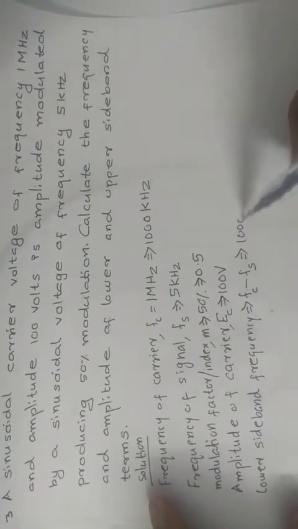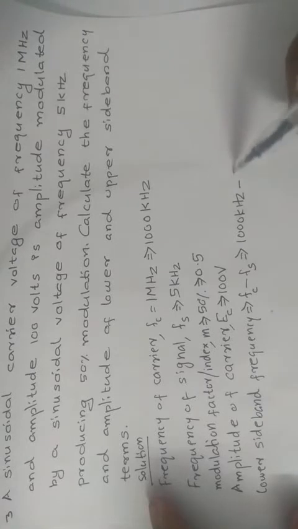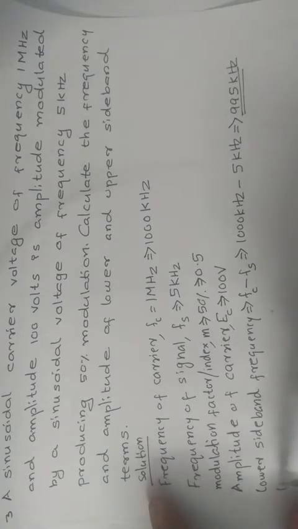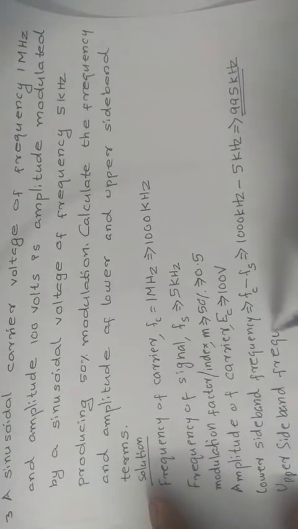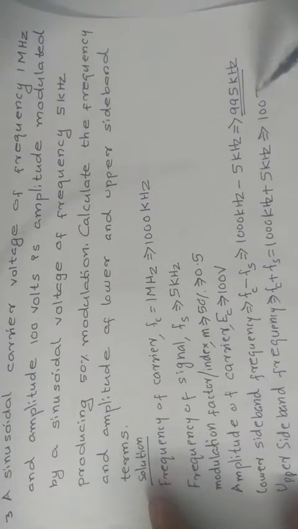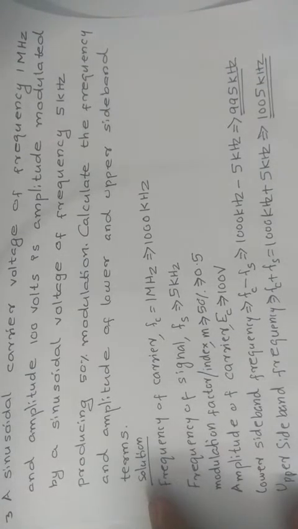So 1000 kilohertz minus 5 kilohertz is equal to 995 kilohertz. Second one, upper sideband frequency is equal to Fc plus Fs. 1000 kilohertz plus 5 kilohertz is equal to 1005 kilohertz.